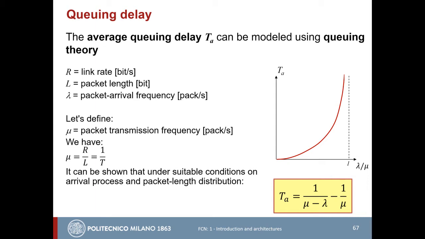If you replace this new parameter in the previous equation from the previous slide, you obtain this, which is another way to write the average waiting time in the queue. It is the same as before, but with this.